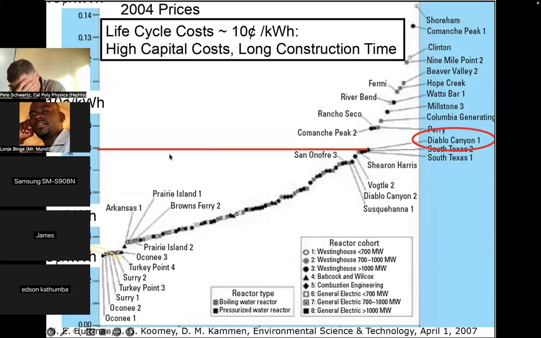You know why it's expensive? They started to build it backwards. How that happened, I don't know. But they built it so that the heat repository was on the uphill side, so they couldn't run the seawater in, and they had to go back and redesign it.